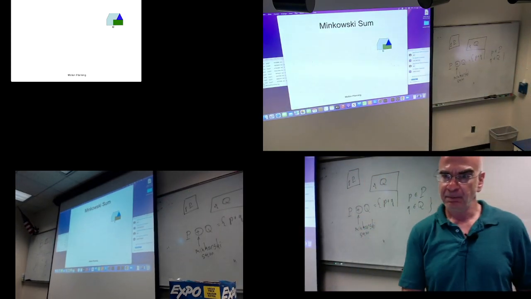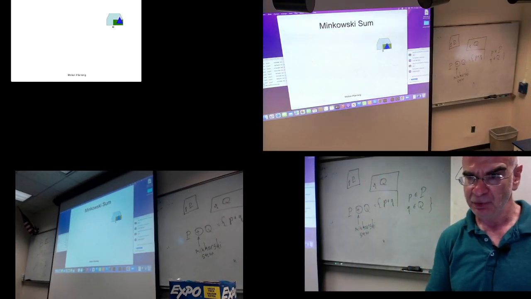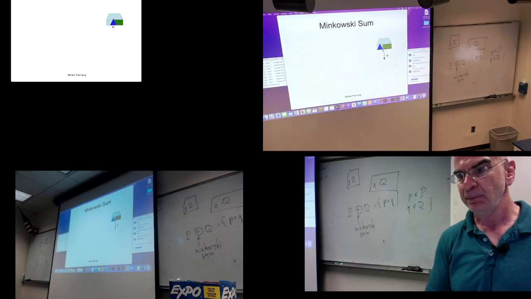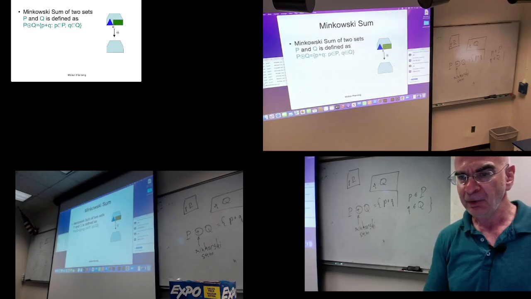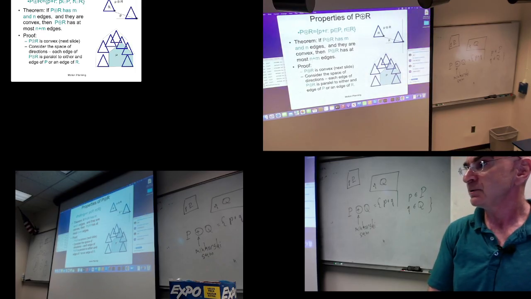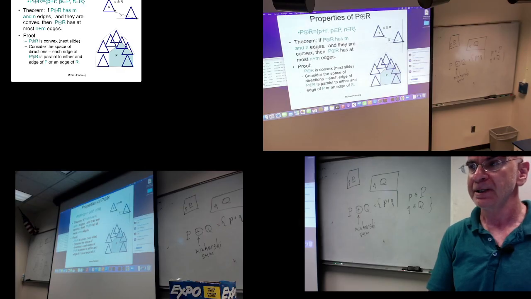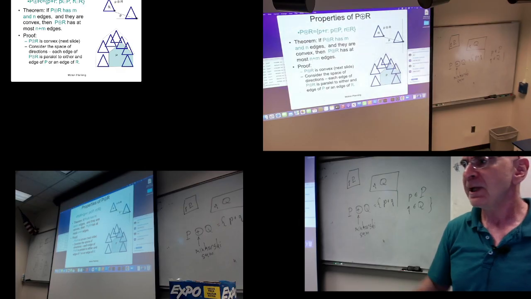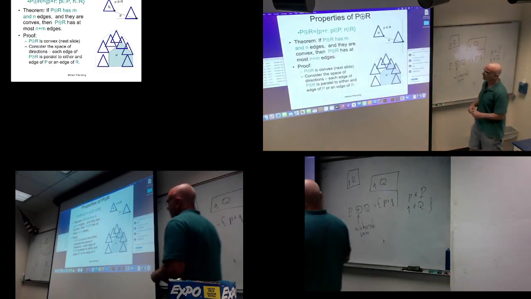Now, if P and Q are polygons, and they are both convex, then the Minkowski sum will be a polygon, and the number of edges is at most the number of edges of P plus the number of edges of Q, because every edge is parallel to either this one or this one. And we'll argue it a bit more. Why is this true?